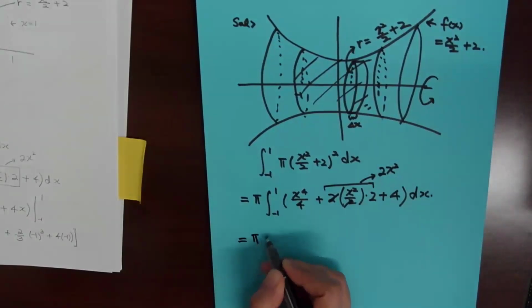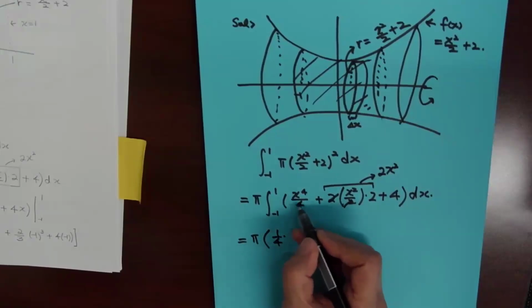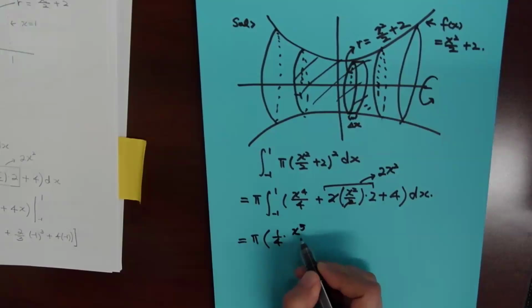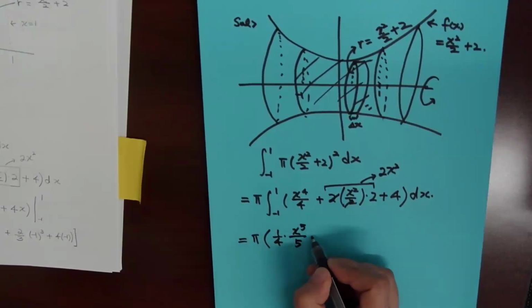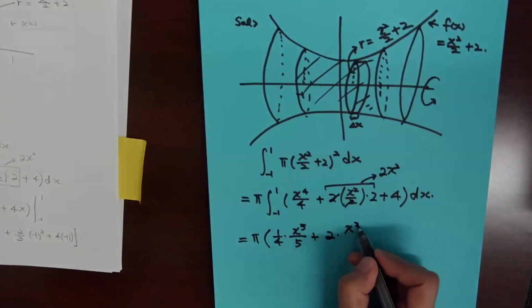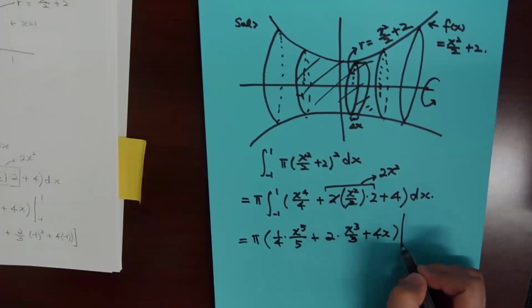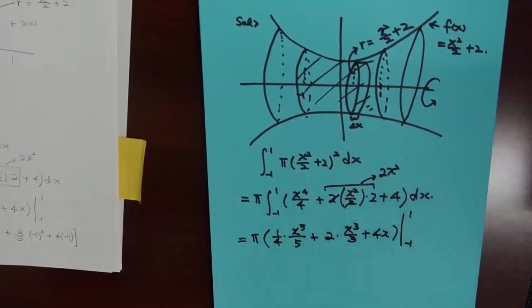So that is pi times 1 over 4 from here, x to the fifth power over 5, plus 2 from here times x cubed over 3, plus 4x, from -1 to 1.